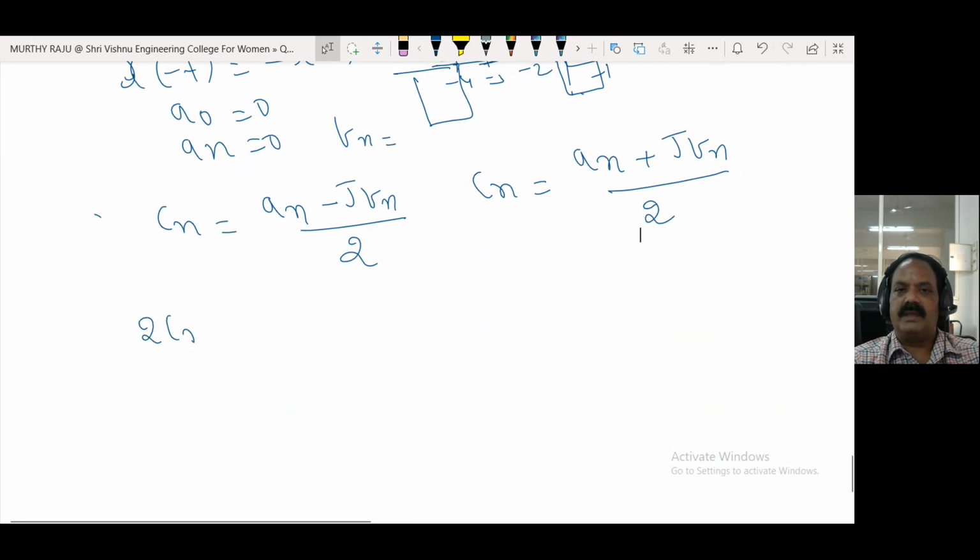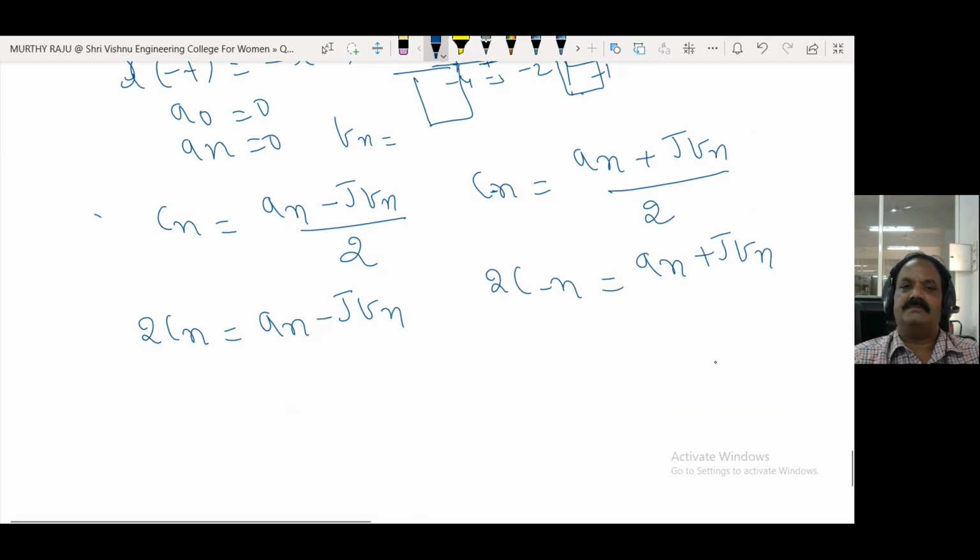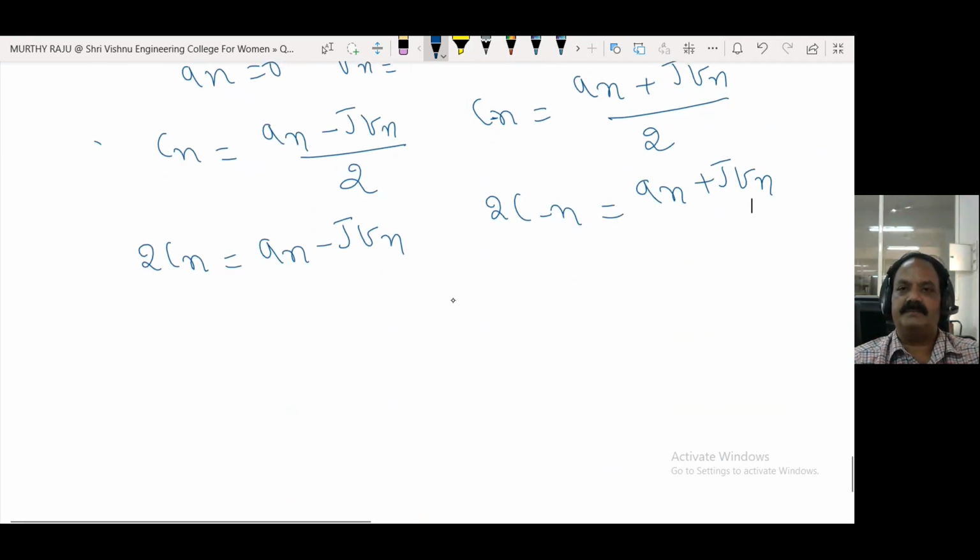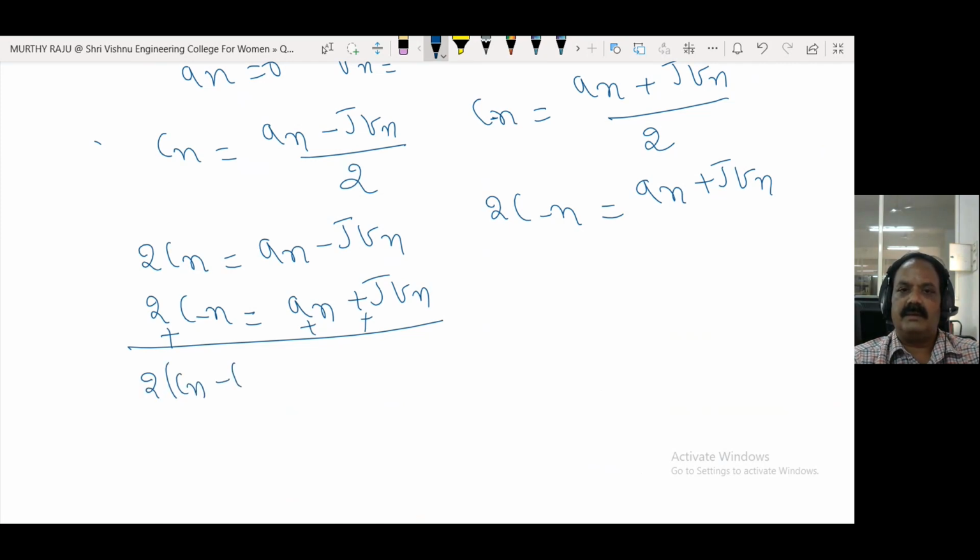Here, Cn is An minus jBn by 2, and C minus n is An plus jBn by 2. Adding these two, Cn plus C minus n is An.